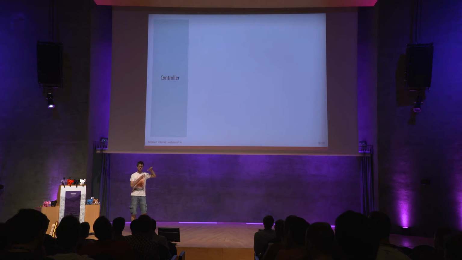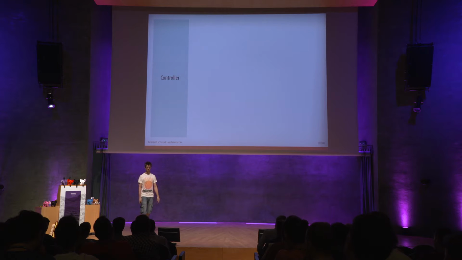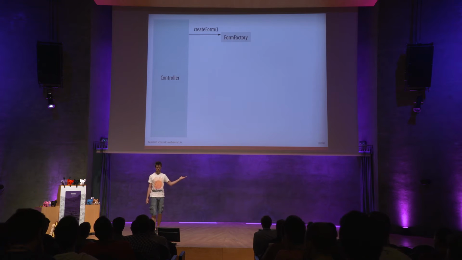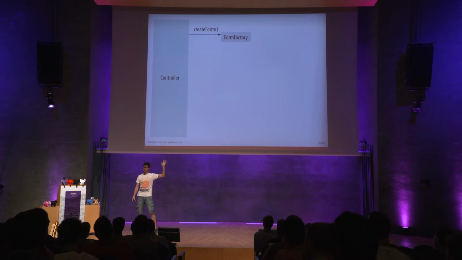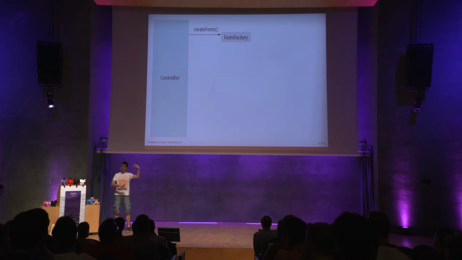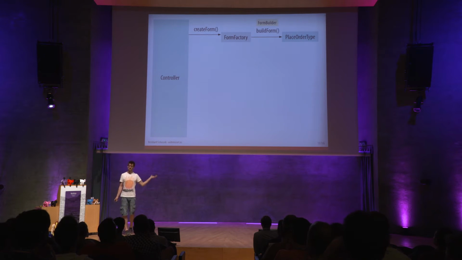If we look at the workflow of a form in a controller as you use it, it starts in the controller. Then you usually create a form. You call the method createForm on the controller, which goes to the form factory. That, in turn, calls buildForm on your form type. There you do all the configuration.